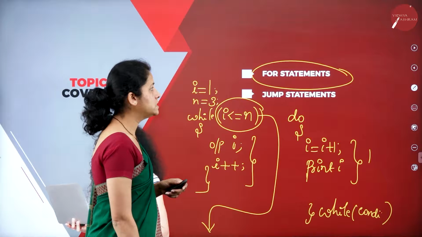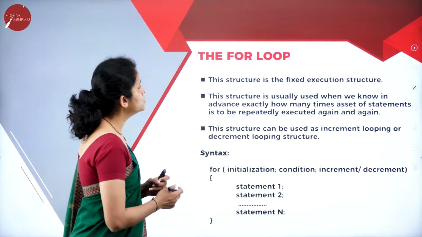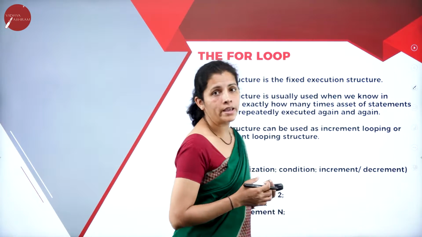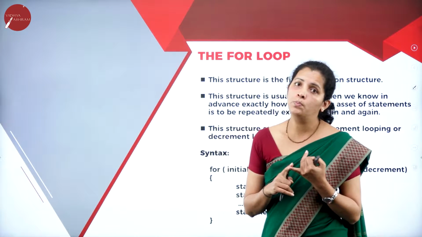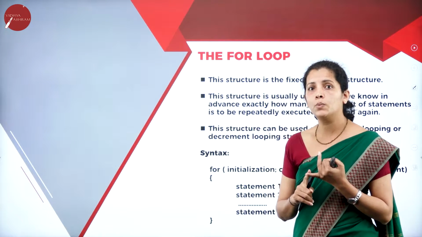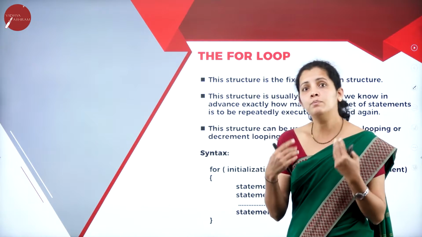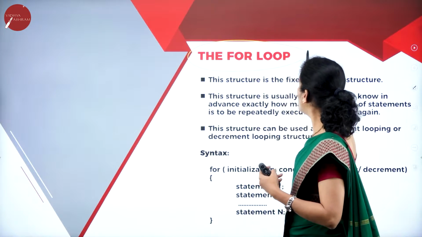Moving on to the for statement. So what is for loop and why do I require for loop? Because we have the do loop, that is do while loop. Along with that we have the while loop. When I have both loops, then what's the need of having for loop?